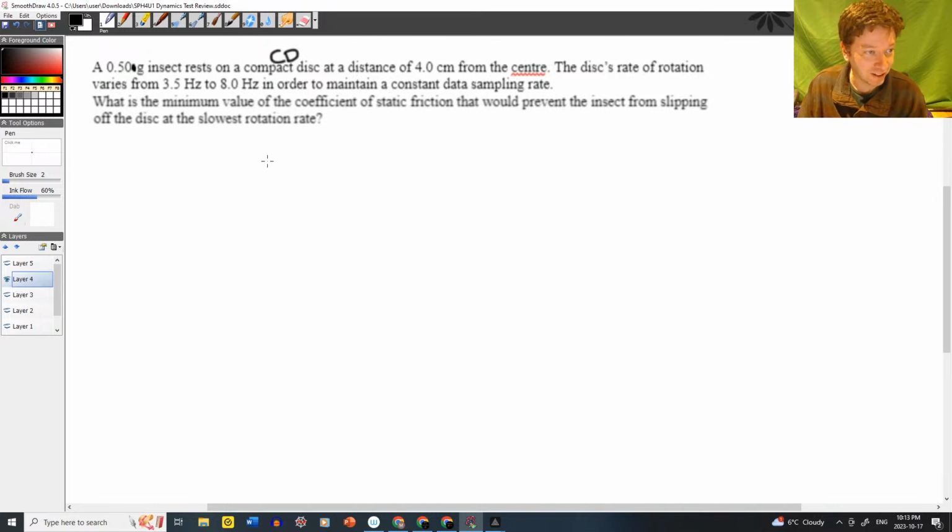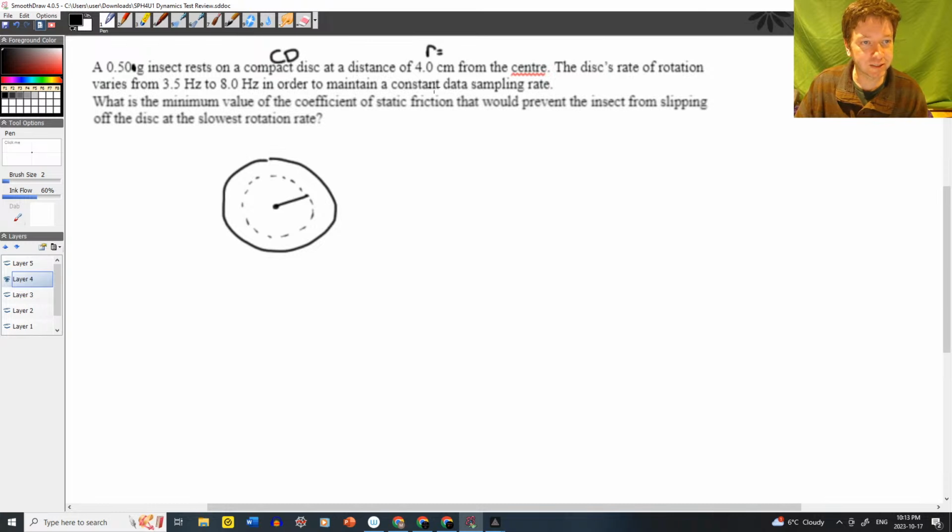Okay, so we have this disc, and it sits on it somewhere over here at a radius of 4 centimeters. So it's going around in a circle of radius 4 centimeters. The disc rate of rotation can vary between 3.5 hertz to 8 hertz.